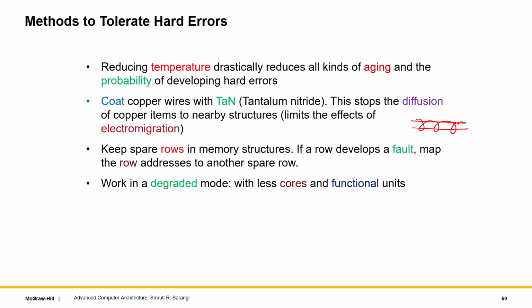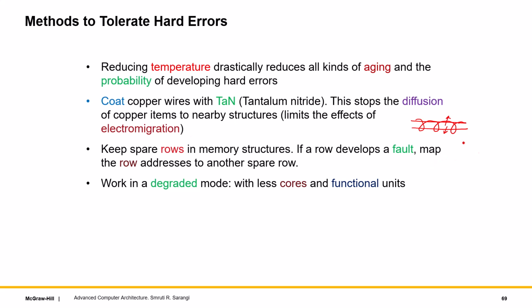Extrusion is basically part of the wire coming out. It will hold the wire in place. It's more like some sort of a restraint. So this can be done. It will stop the diffusion of course, of copper atoms into nearby structures. And if a part of the wire doesn't get fat, then the other part will automatically not get thin. So it will limit the effects of electromigration.